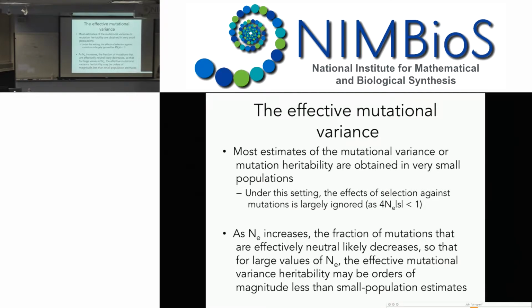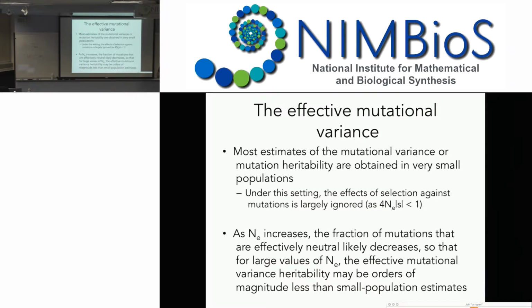Those estimates are obtained by getting a very small population, ideally a single individual from an inbred line, then growing it up, and for a series of subsequent generations, looking at the parent-offspring regression. Initially it's at 0, and then gradually it builds up as you build up new variation from mutation in your populations. So those estimates for the mutational variance are done in extremely small populations.